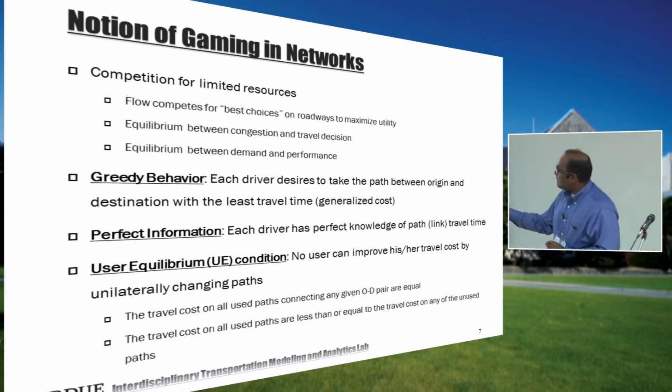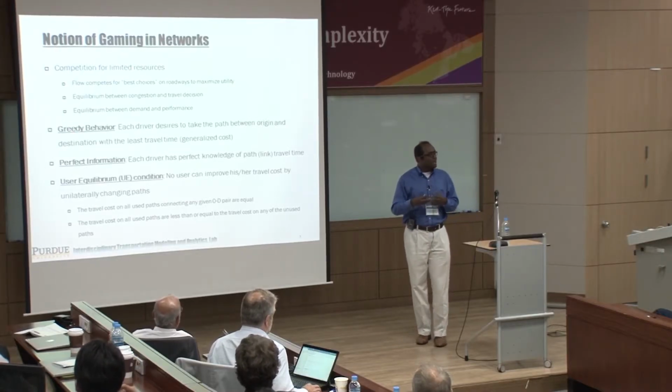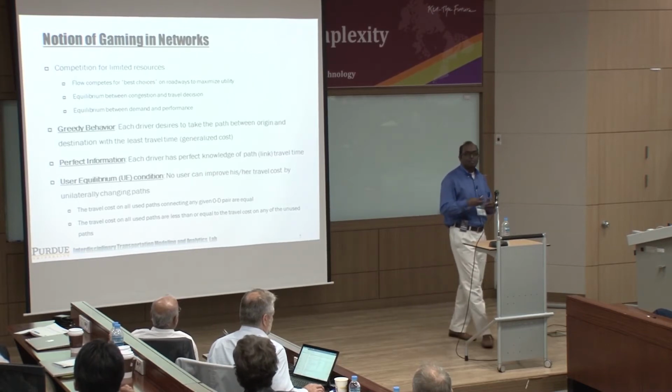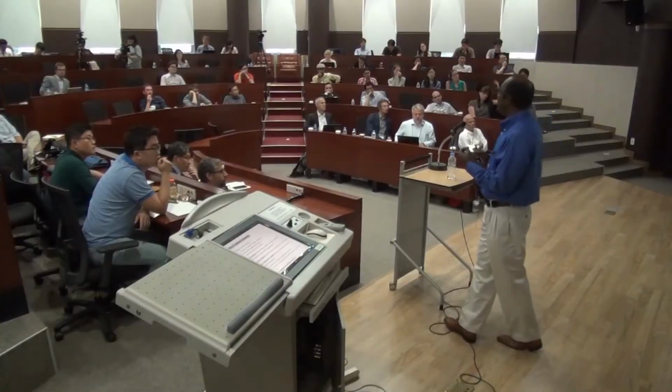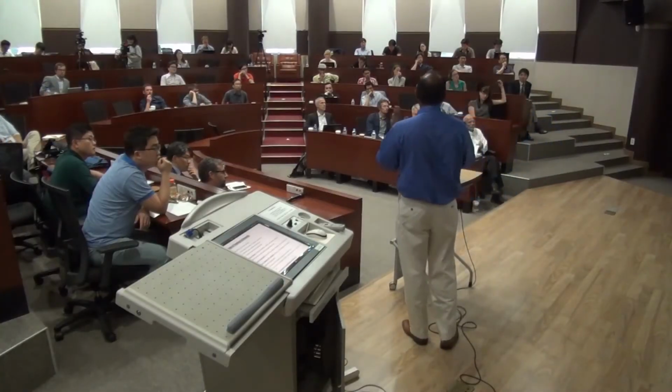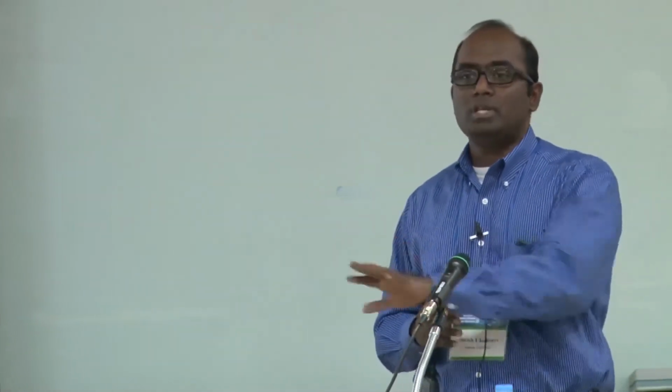So to model the behavior of agents in the network, we will start with this assumption, right, which has been validated by many empirical studies, that flow is greedy or flow is selfish in nature. What that means is, if an agent has a particular choice that they can take at that particular time, right, which is best for them, right, we'll define what best is, which is best for them, they're going to take that, and there's no incentive for them to deviate from that strategy, because deviating would only result in an inferior strategy, right?